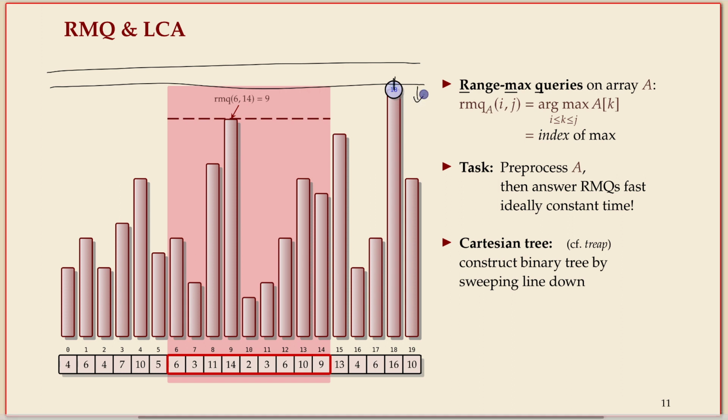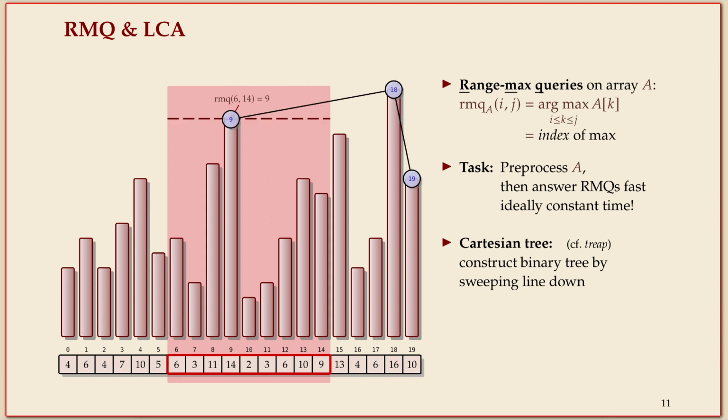So this will sink down here, this will sink down here. We'll see that the next thing that this hits on the left is this one, and on the right is this one. These are the tallest poles outside of the globally tallest one. And these will become the next two nodes in the Cartesian tree.